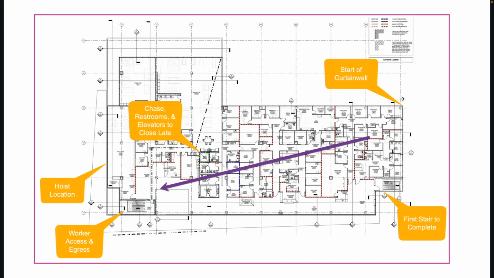Listing these out, like, this is the start of the curtain wall, the first stair, these are elevators, this is where the hoist will be. These are things that will constrain the flow of construction. And you can see in here the builders identified the general flow with this arrow through this floor so that zones could be identified.